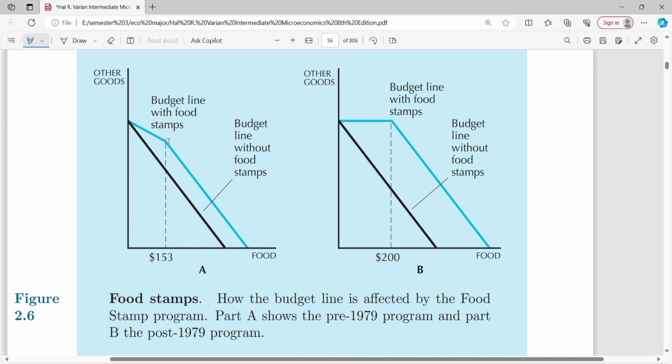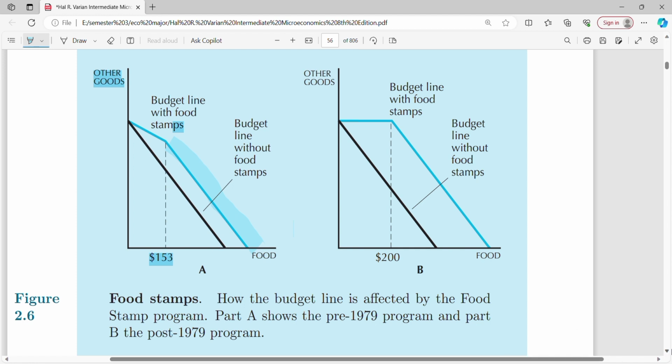So the budget line with food stamps will be flatter because they have reduced prices for the goods. And without the food stamps, that is when the prices are higher, it will be steeper.